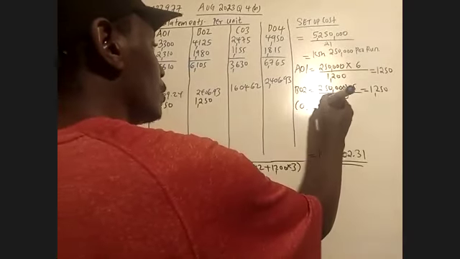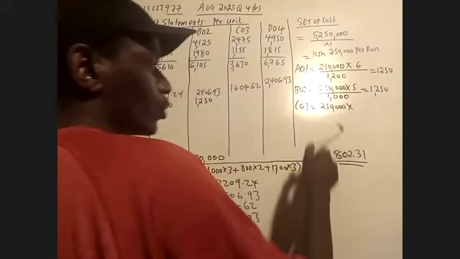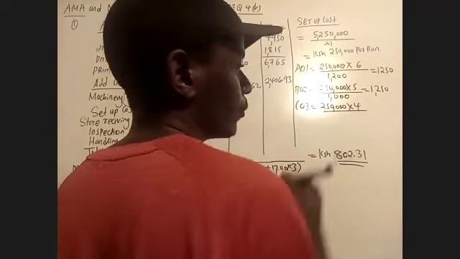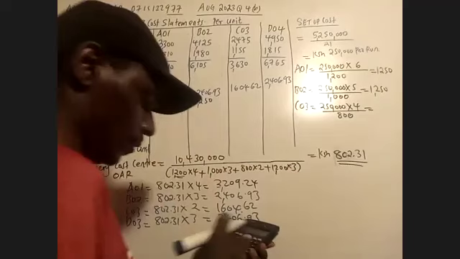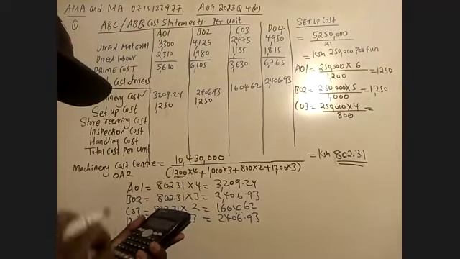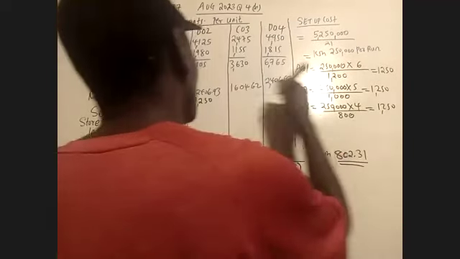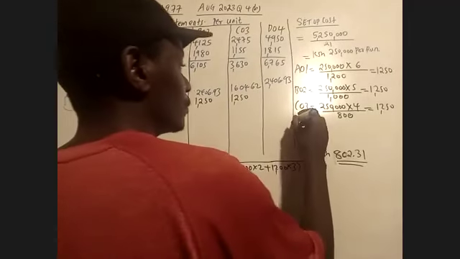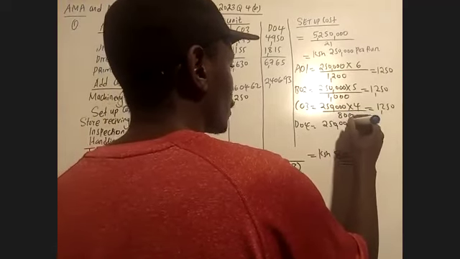C03, 250,000, number of runs is 4. We divide by the total number of units, which is 800. So 250,000 times 4 divided by 800. 1250. Then D04, cost per run 250,000.